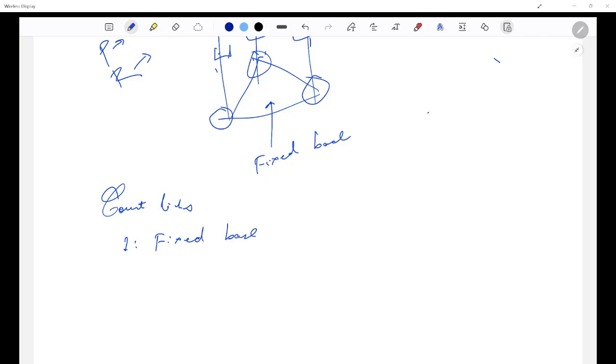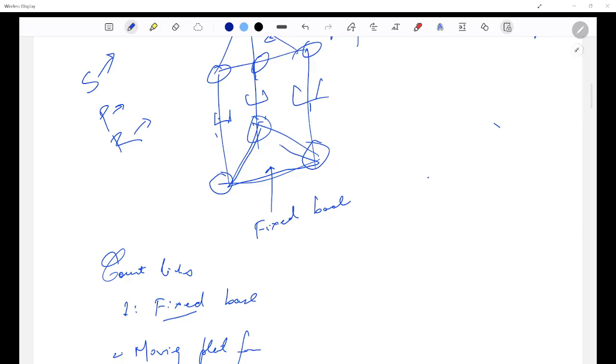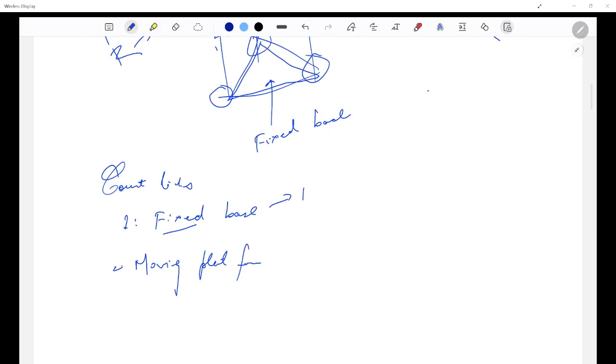Fixed base and then moving platform. This is a fixed base and the relative motion between these links is not possible, so we'll count it to be 1. This moving platform will count to be 1, right?